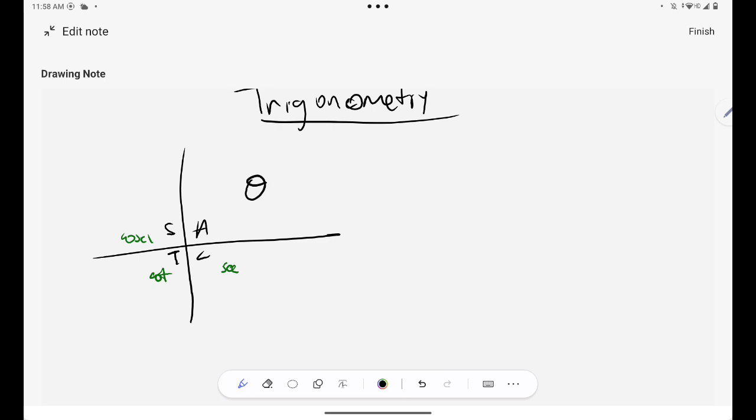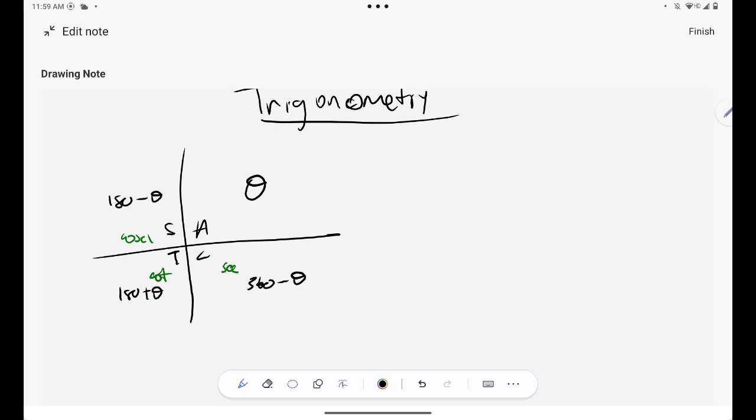Angles in the first quadrant are expressed as they are, theta. Second quadrant is 180 minus theta, then we have 180 plus theta, 360 minus theta. Guys, I'm just going over what you did in the previous video. I won't explain in full details, né?